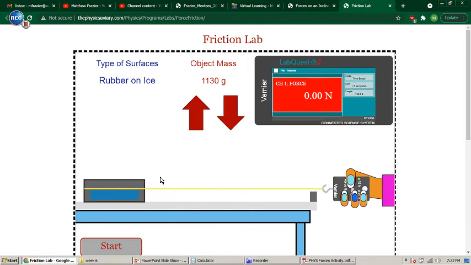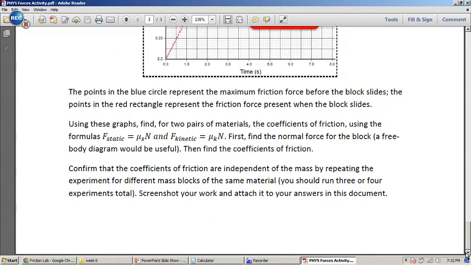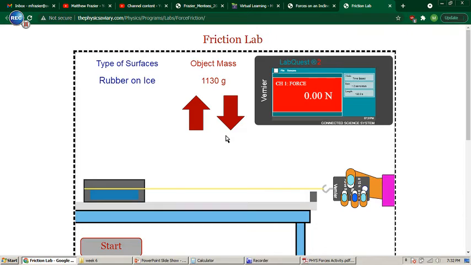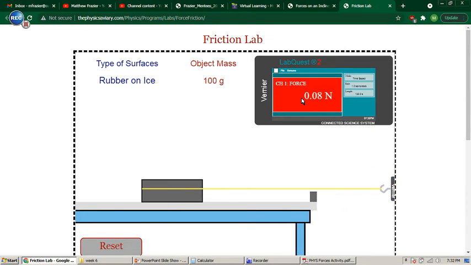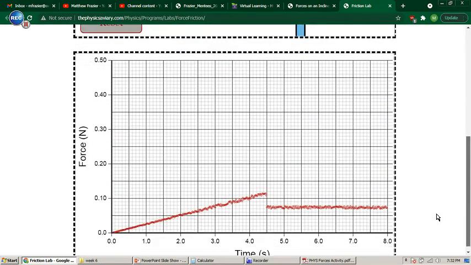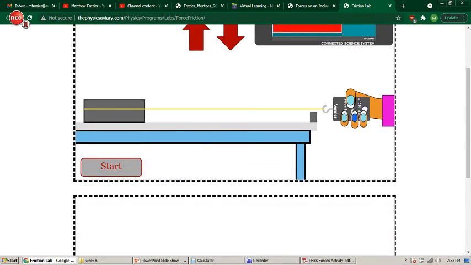If I, let's see, what mass do I need to set it to? Does it say, or set it to a range of mass? All right. So let's drop it down to 100 like in the first picture. So we hit start. The force goes up. And it slides. All right. And so there's the graph. Let's reset it and do it again.